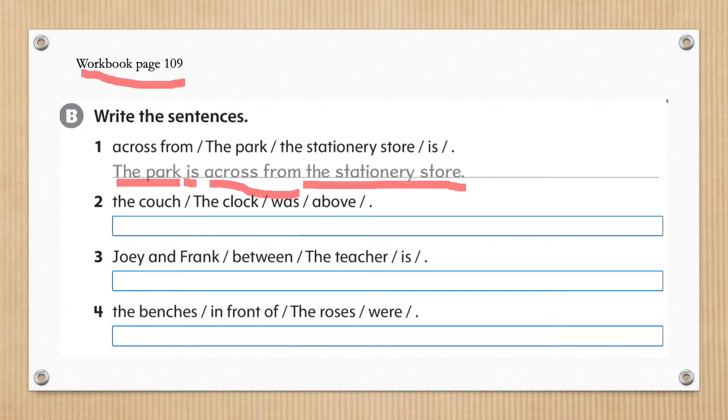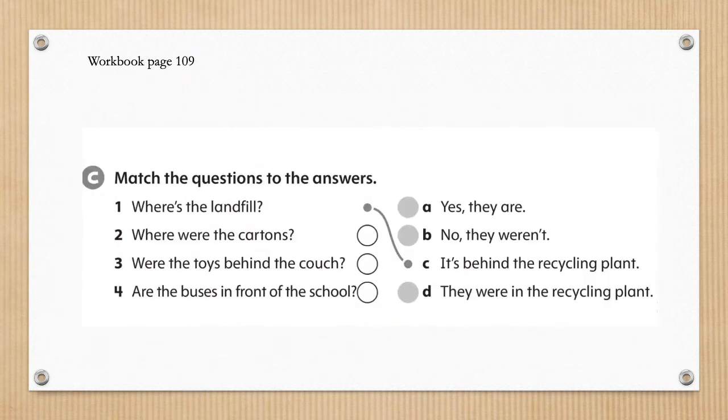I would like you to finish number 2, 3, and 4. Remember to pause whenever you need extra time. Next we have on page 109 of your workbook, activity C. We need to match the questions to the answers.